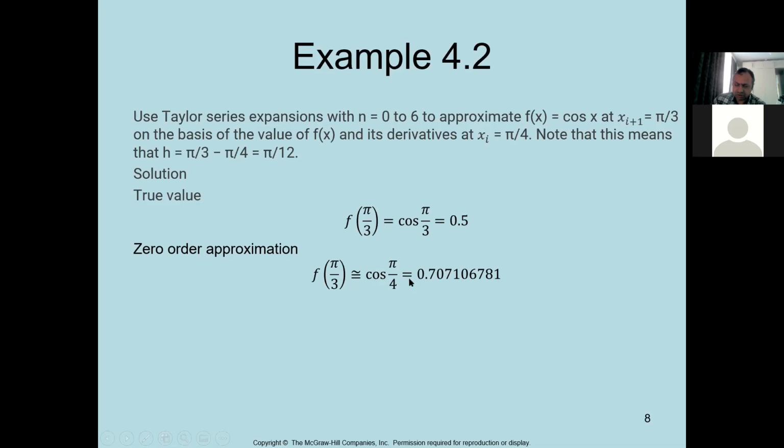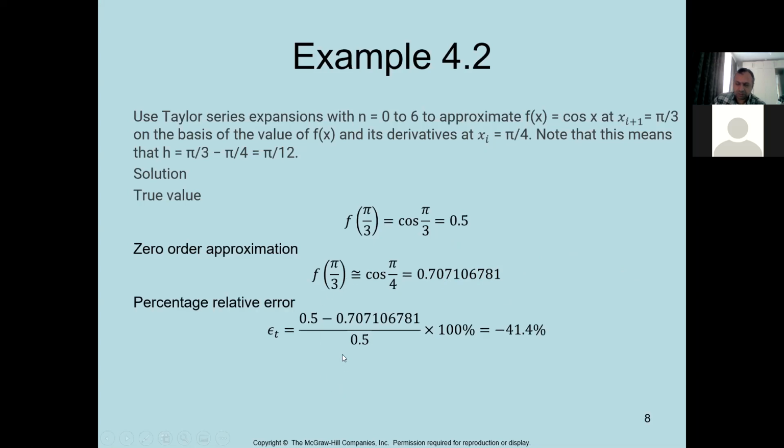The given point is pi by 4, that is 45 degrees, and for 45 degrees we know that cosine can be approximated as 0.707106781, and of course there will be an infinite number of digits. So this is the zeroth order approximation. In fact, this is already an answer, but of course it is an approximate answer.